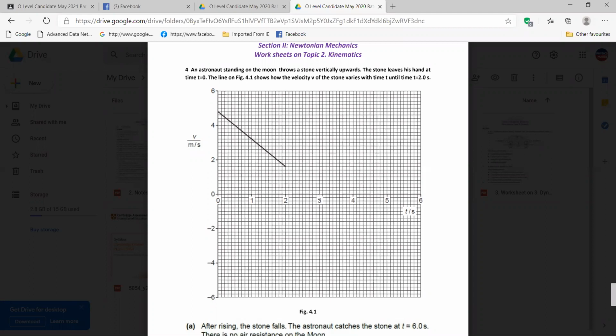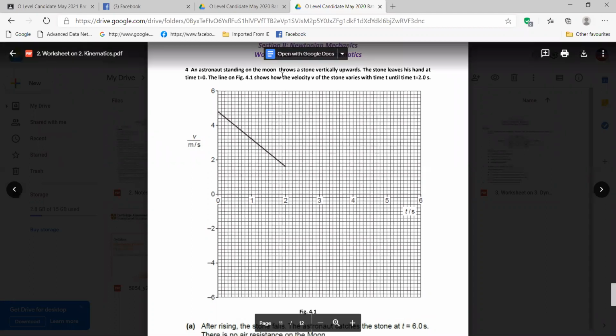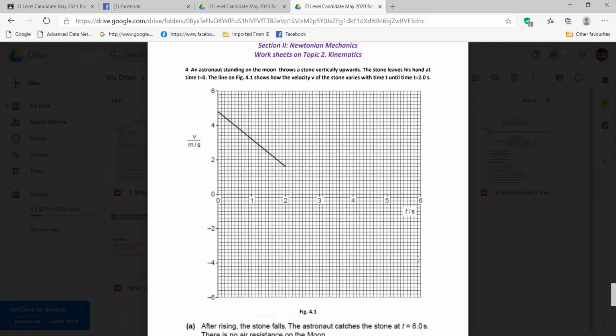So it will take another 3 seconds to reach the place from where the stone was thrown, and it will also have the same velocity.